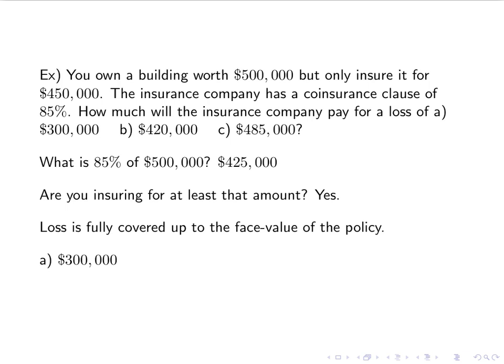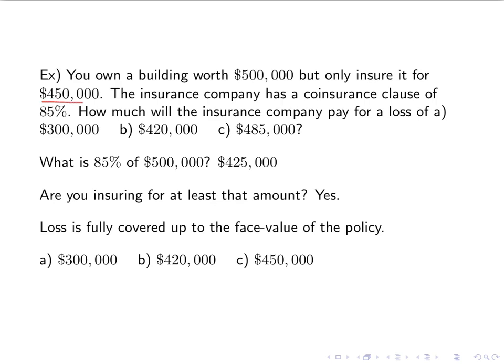$300,000. For B, 420 versus 450. Which one's smaller? 420. For C, 485 versus 450. Which one's smaller? 450. So if you are insuring for at least the coinsurance requirement, then any loss gets covered up to the face value of the policy.